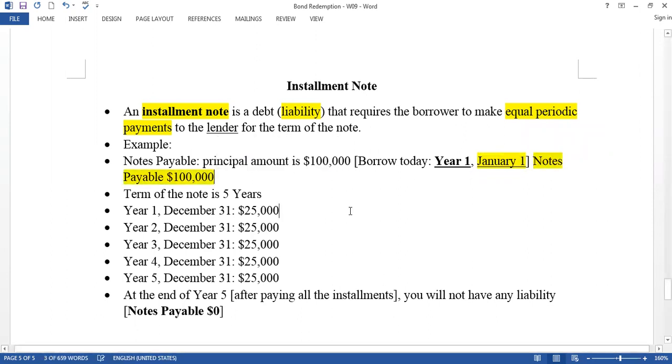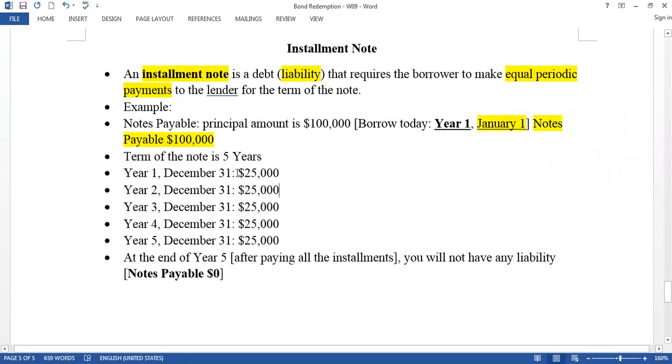Your liability is $100,000, right? You borrow $100,000. Now at the end of every year, you are going to make equal payment. After making equal payment, at the end of year 5, you will not have any liability. Your notes payable amount should be 0.